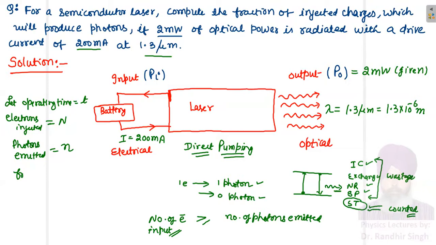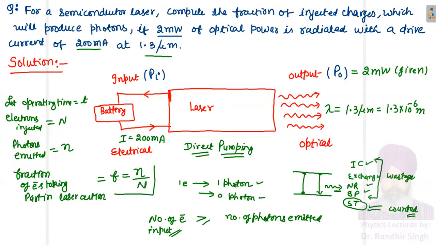The fraction of electrons taking part in laser action is very easy to write now. Let us say this is small f, it will be small n upon capital N.